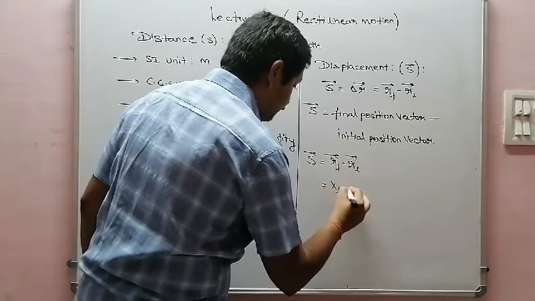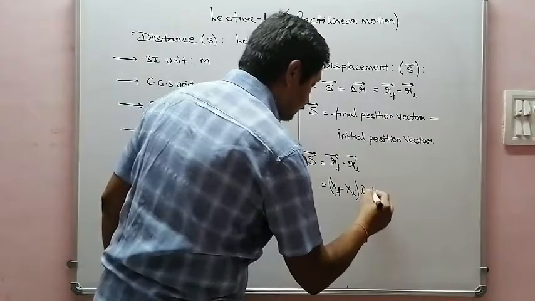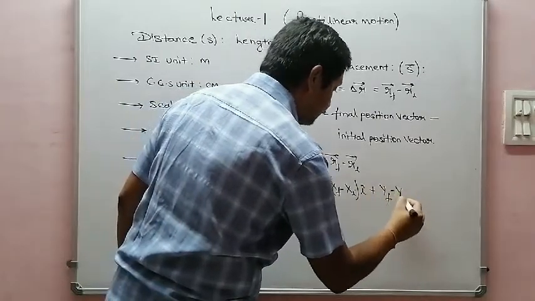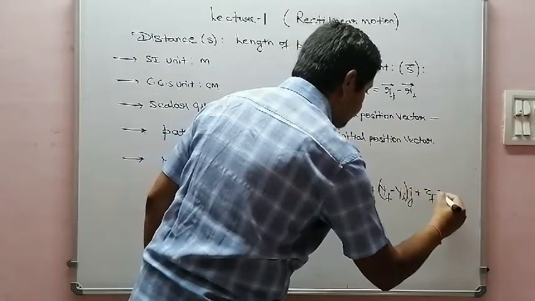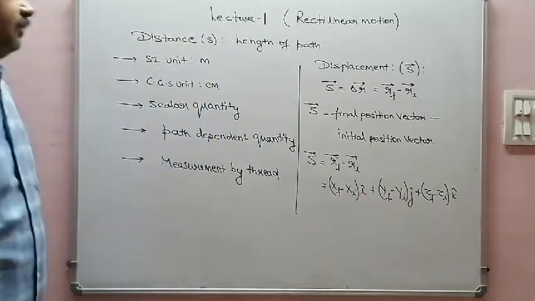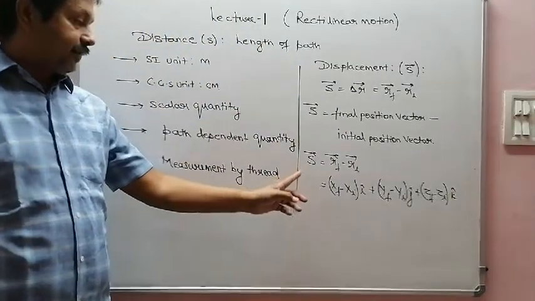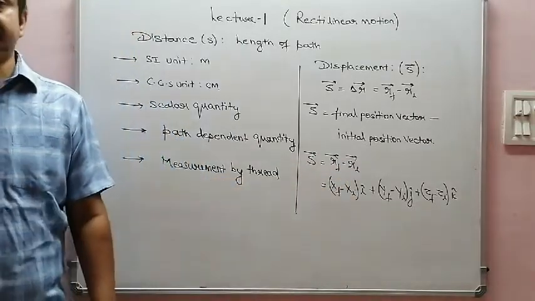So X final minus X initial I cap, Y final minus Y initial J cap, Z final minus Z initial K cap. So the definition of displacement is delta R, change in position vector.